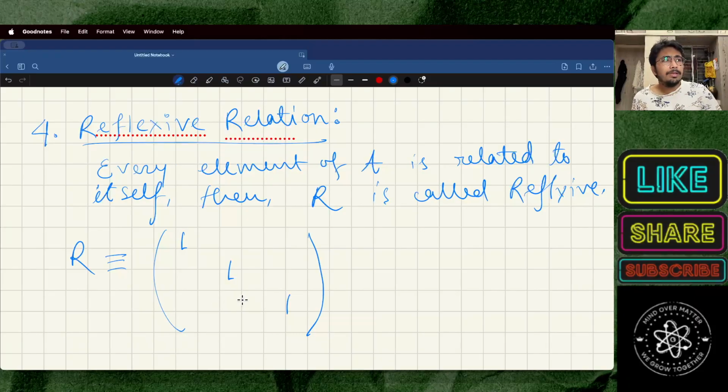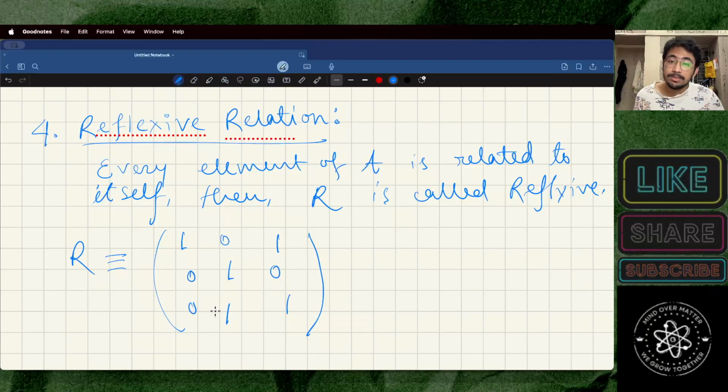And you will be wondering that this is just the identity relation, right? Yes, the identity relation is also a reflexive relation. But the difference is a reflexive relation can also contain other elements than the identity elements. It can contain this element, it can contain this element, and it will still be called a reflexive relation.